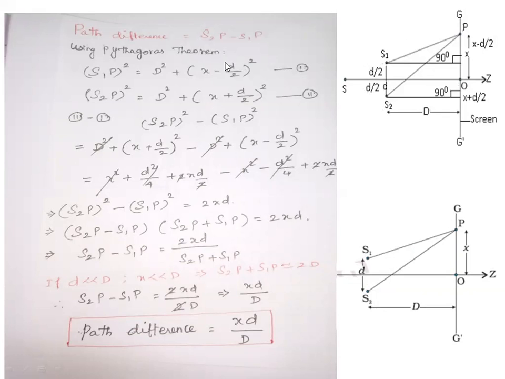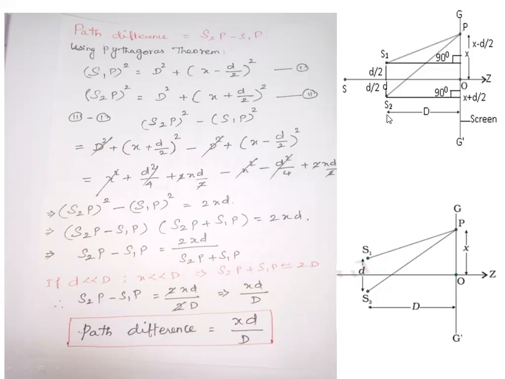So here, we use the Pythagoras theorem for these two right angle triangles. For the Pythagoras theorem, we already know that the hypotenuse squared is equal to the sum of the squares of the other two sides. What is the hypotenuse squared here? In the first triangle, S1P is the hypotenuse. So S1P squared is equal to the sum of the squares of the other two sides.